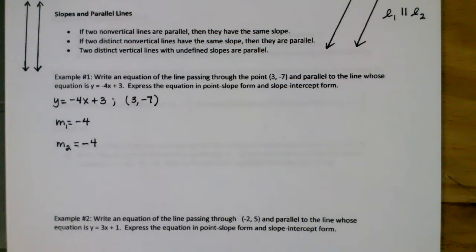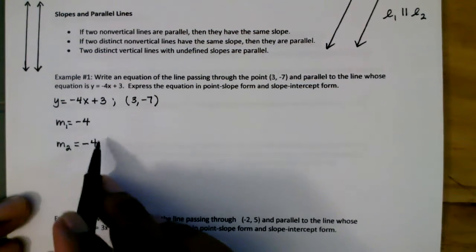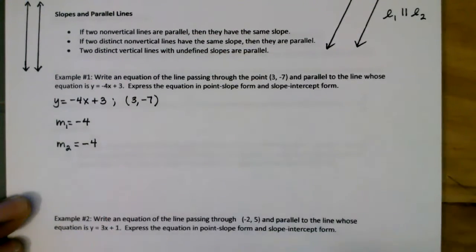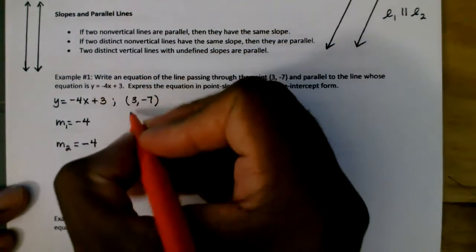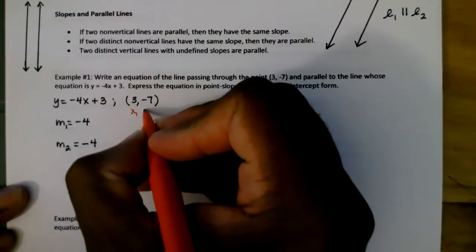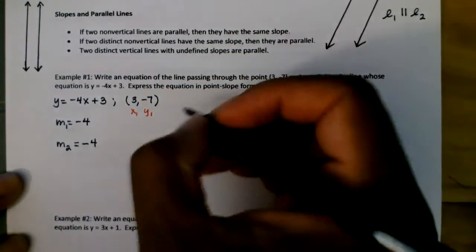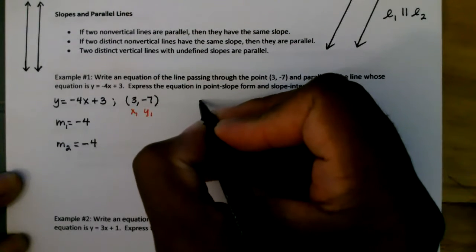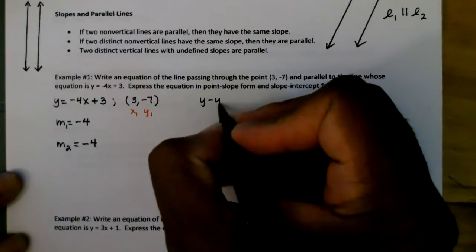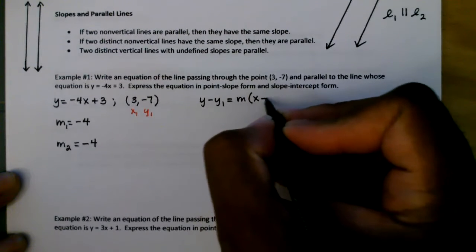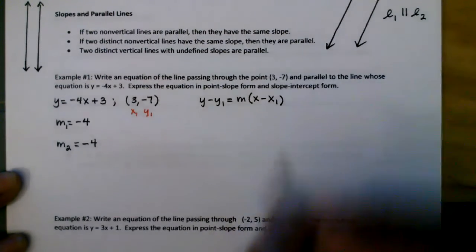Here we're going to use the slope of the second line, which is -4, and this point (3, -7). If you recall, x1 would be 3 and y1 would be -7. We're going to use the point-slope form: y minus y1 is equal to m times the quantity x minus x1.